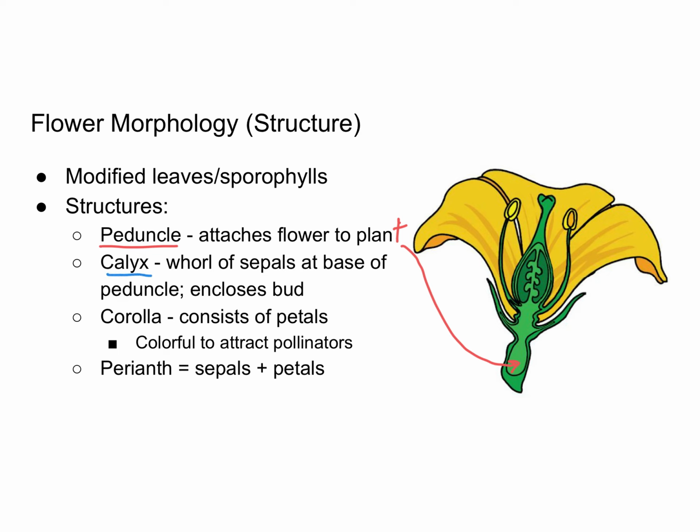The calyx is a whorl of sepals at the base of the peduncle. So the sepals are these leaf-like structures here. And then all of them together, because this is a two-dimensional drawing, but there would be multiple of these sepals surrounding the base of the flower, all together, it's known as the calyx.